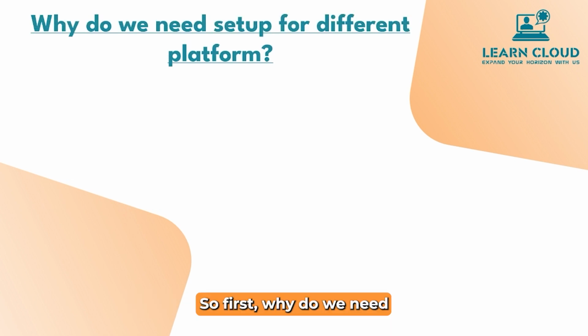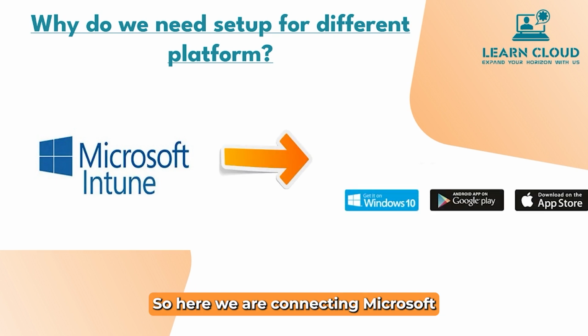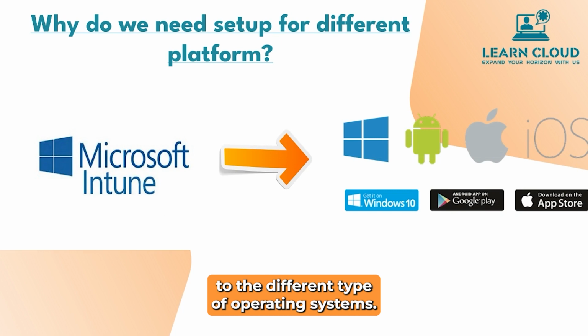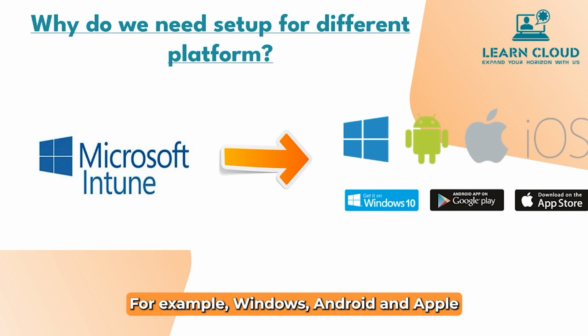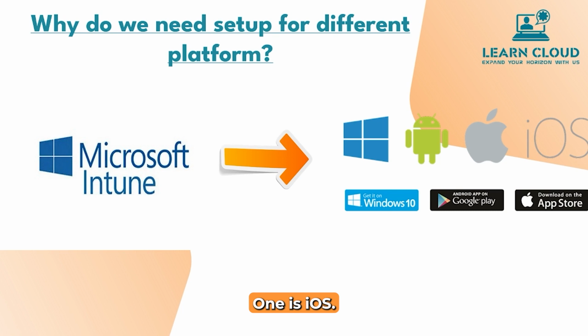So first, why do we need setup for different platforms? Here we are connecting Microsoft to the different types of operating systems. For example, Windows, Android and Apple. And Apple has two different operating systems, one is iOS, another is macOS.